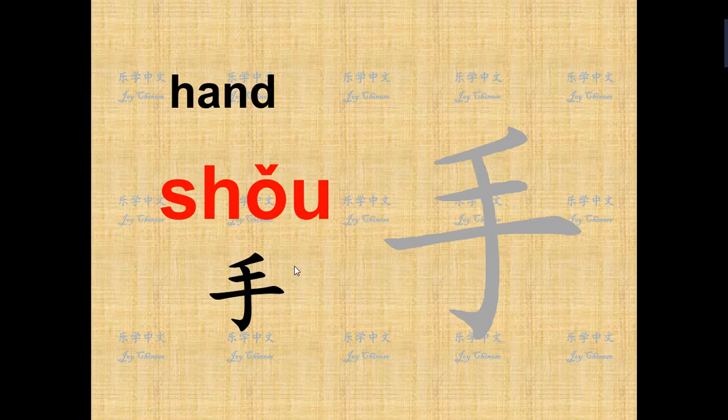So I will show you how to write it. The first stroke, remember this stroke starts from the right. It's different from the normal one. Second, third, and last. 手, hand.